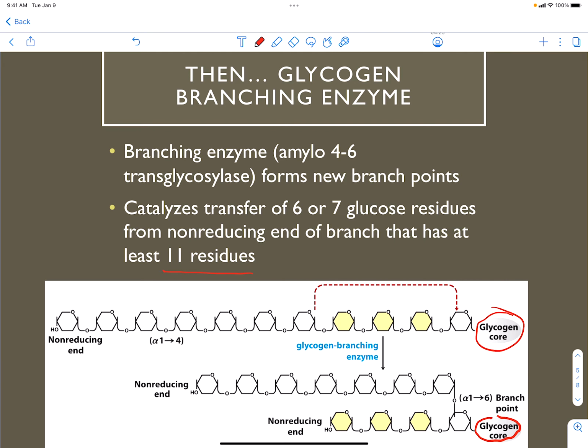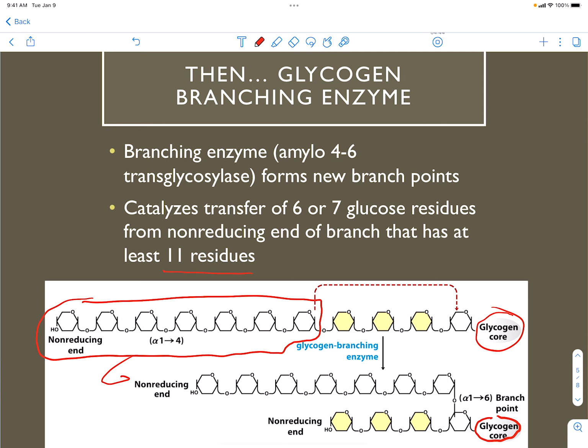And then you have your glucose residues, and you don't take the glucose that's going to be close to the branching point. You're actually going to move this group of glucose to this branch. Okay? And then you're just going to make the alpha 1,6 branch off of this.